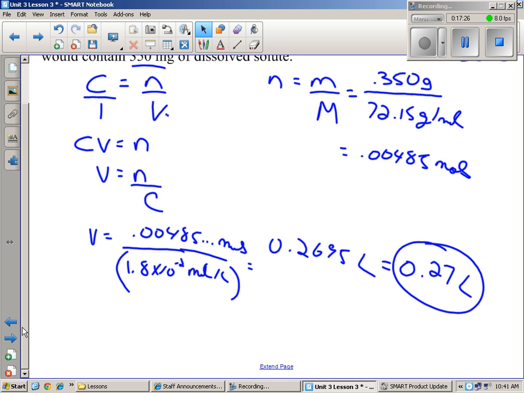So we talk about, for example, maybe measuring out 0.10 grams of sugar. All right, well, what is 0.10 grams compared to the molar mass of sugar? I think sugar is about 342. So 0.10 grams divided by 342 roughly is 2.92 times 10 to the negative 4 moles.